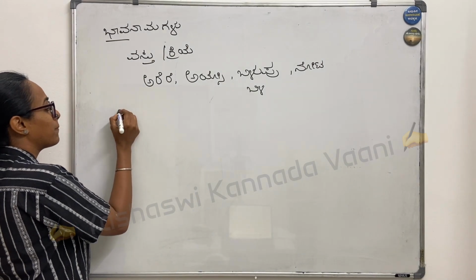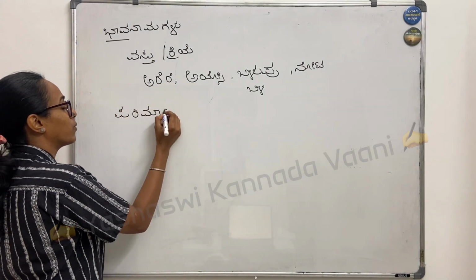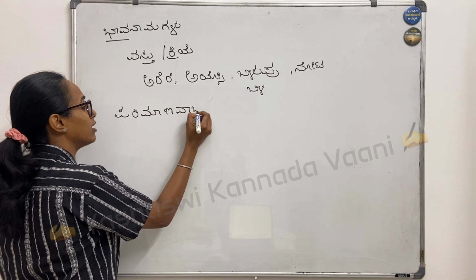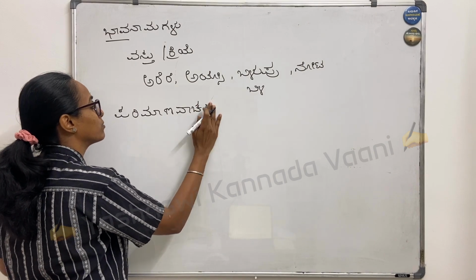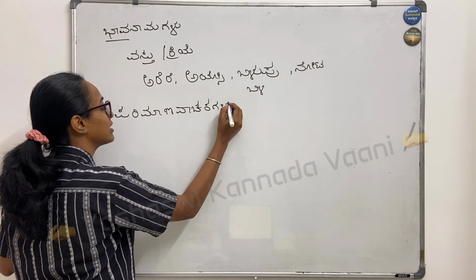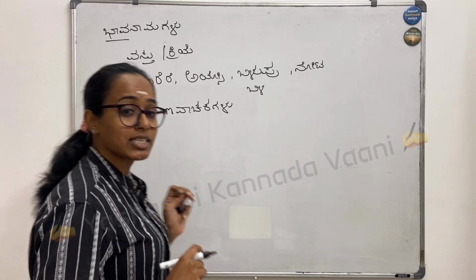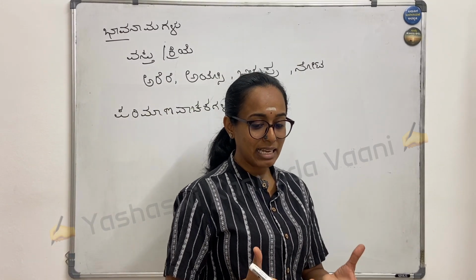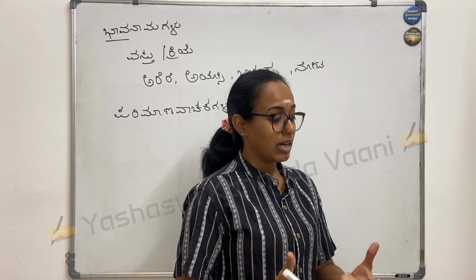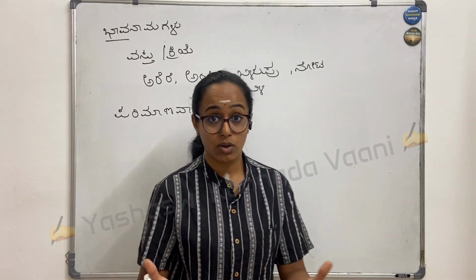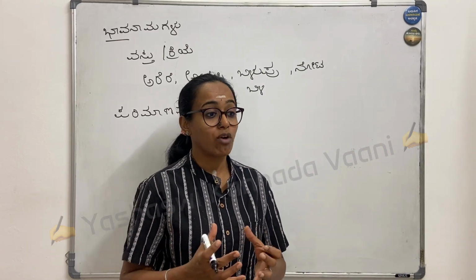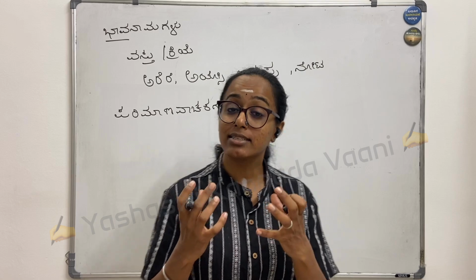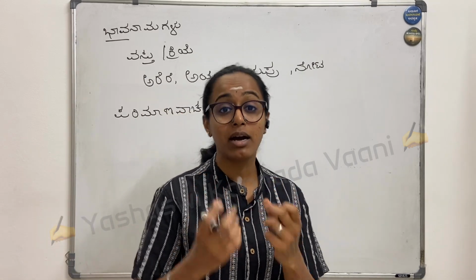The next one is Parimana Vachakagalu. It's very simple. Remember the Sankhya Vachaka and Sankyeya Vachaka? Parimana is basically any size or the weight of the object that comes under the parimana vachaka.